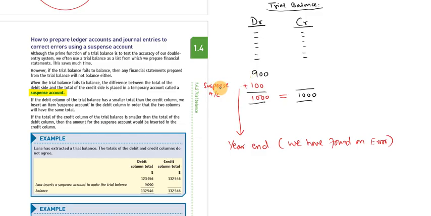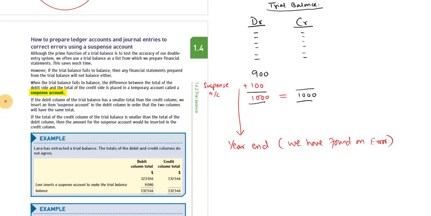This suspense account is made temporarily just to balance the trial. After we have discovered or identified the error and corrected it, the suspense account is automatically removed. So this is the reason for opening a suspense account. The suspense account is nothing but a device to balance the trial. So this is the story of a suspense account.